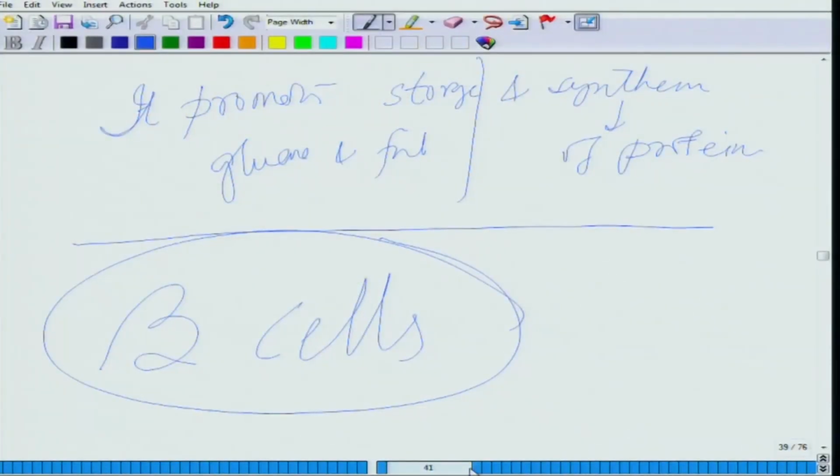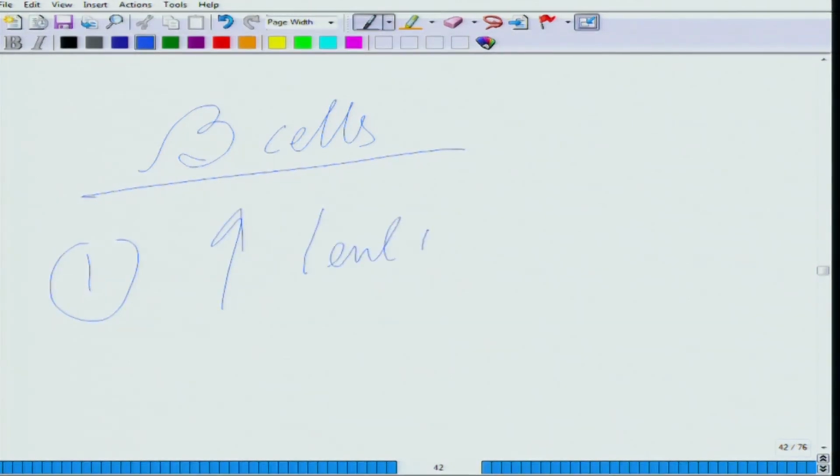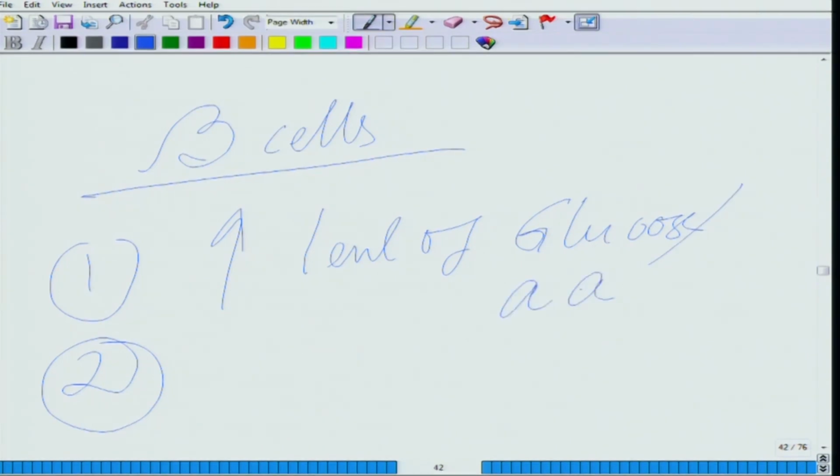So, what regulates it? First, as I was telling you, an increased level of glucose, first thing. Second thing, or increased level of glucose or amino acids. Okay.